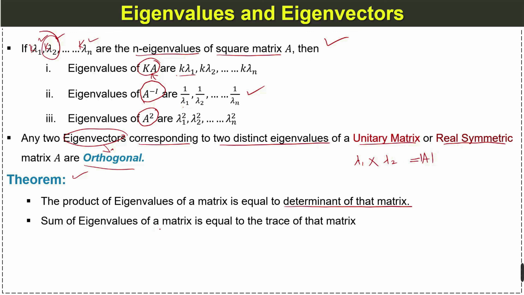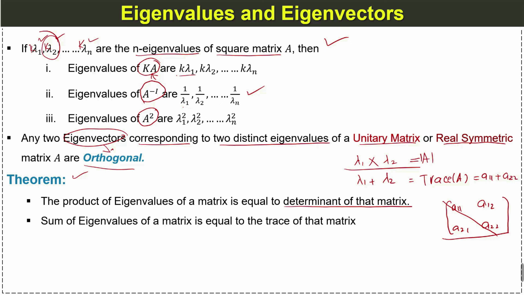The sum of the eigenvalues of the matrix will be equal to the trace of that matrix, so lambda 1 plus lambda 2 equals the trace of A. If matrix A is A11, A12, A21, A22, then the trace is the sum of the diagonal values, A11 plus A22.